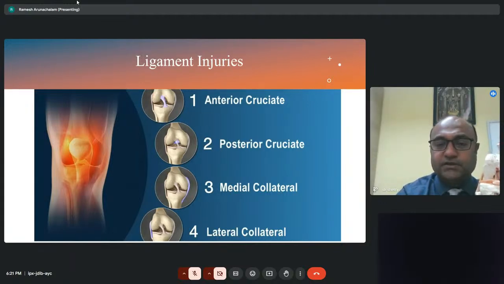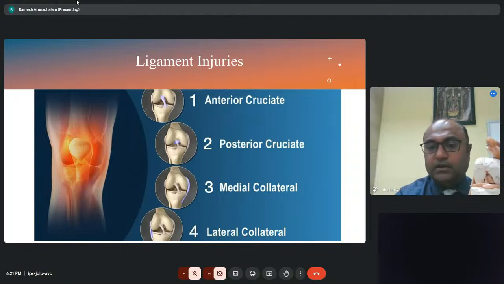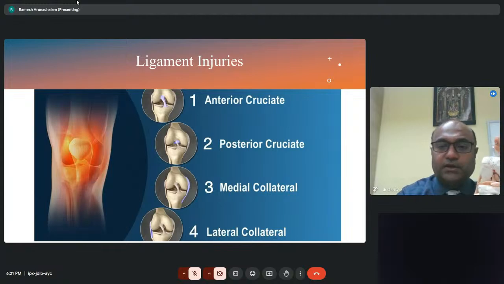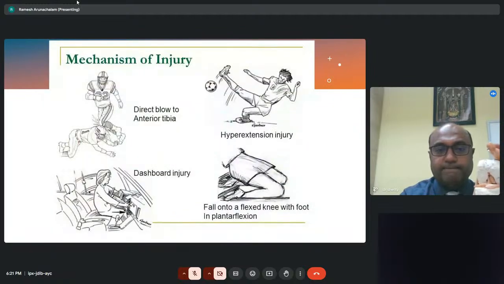It's one of the best surgeries of the recent few decades, wherein a person who is active can get back to full activity after an ACL arthroscopic surgery. Similarly, the PCL, the MCL, that is the medial collateral, and the lateral collateral ligaments, whenever damaged, can be appropriately repaired. Next. So this is how the common knee ligament injuries happen.